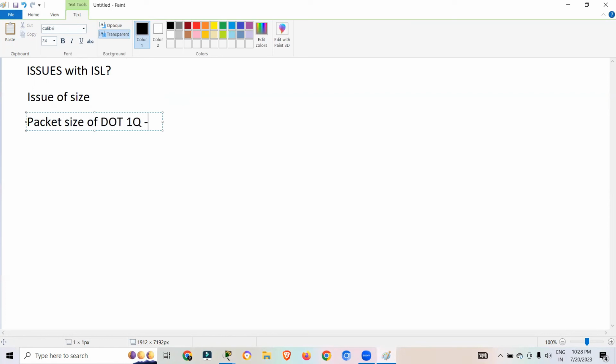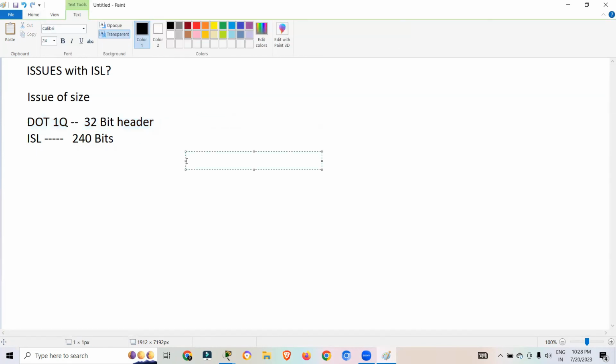The packet header size of .1Q is only 32 bits. And if I talk about ISL, the size of the header was 240 bits. So which is faster, ISL or .1Q? .1Q.